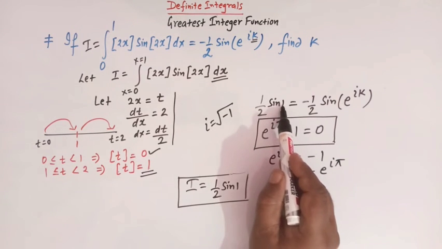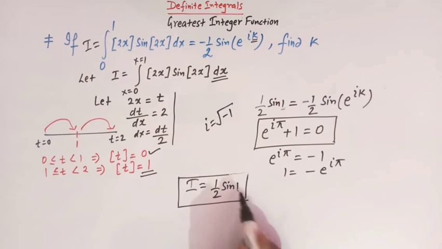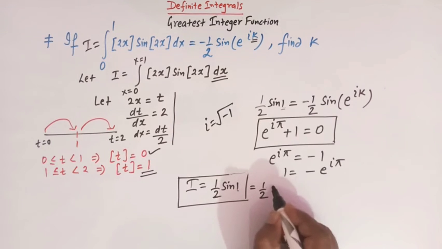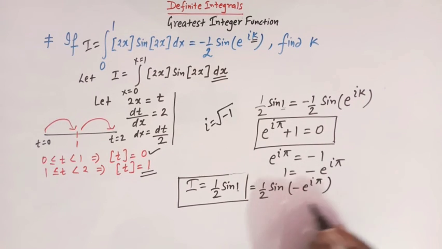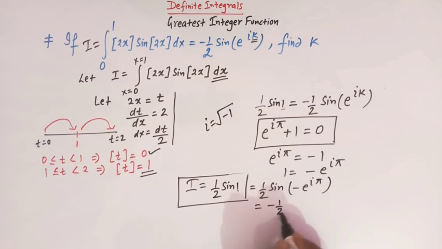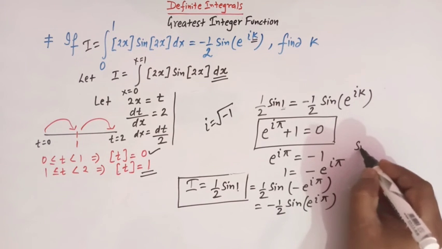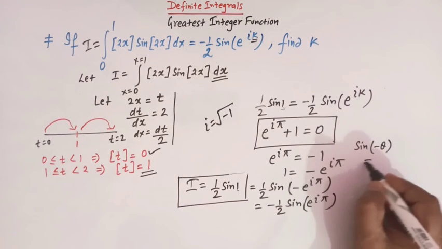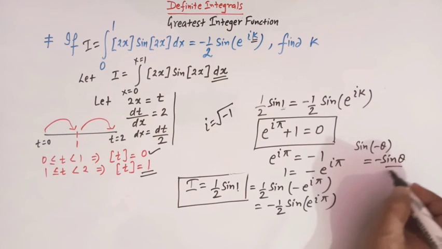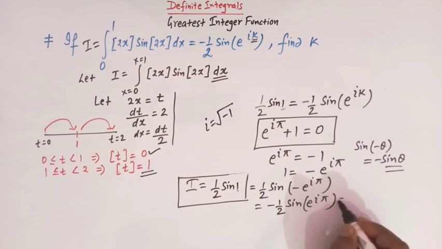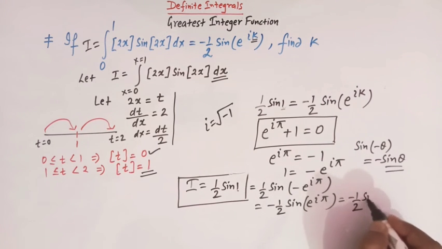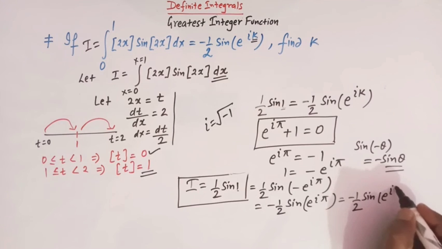So for this one we can write half sine of minus e raised to i pi, and this can be written as minus half sine e raised to i pi, because sine of minus theta is equal to minus of sine theta. And now we have this expression equal to minus half sine e raised to ik.